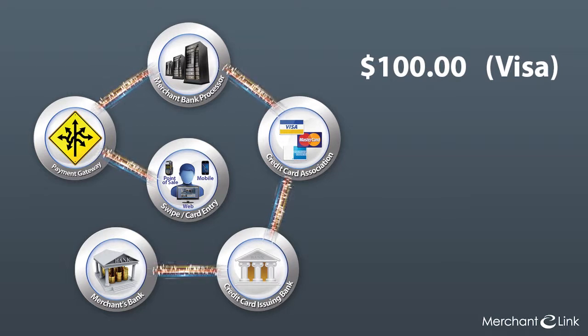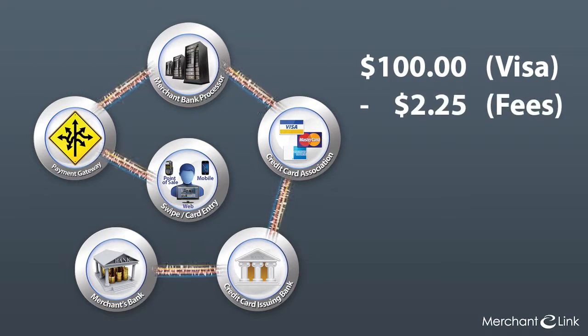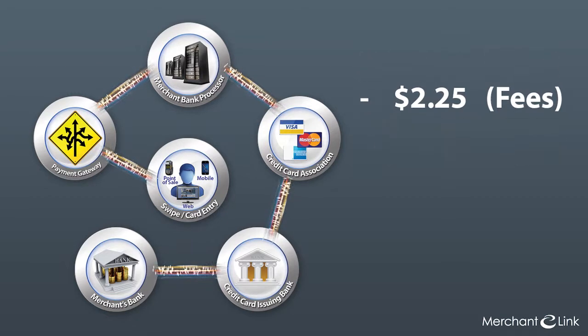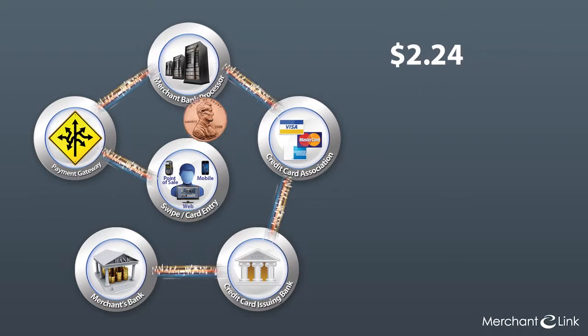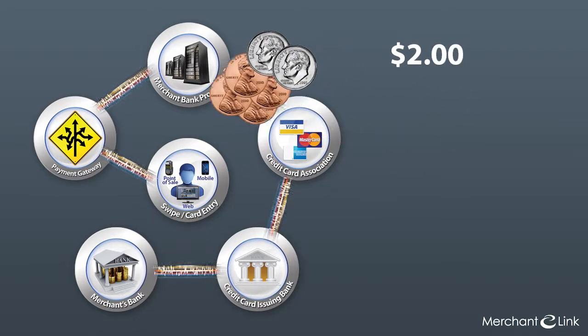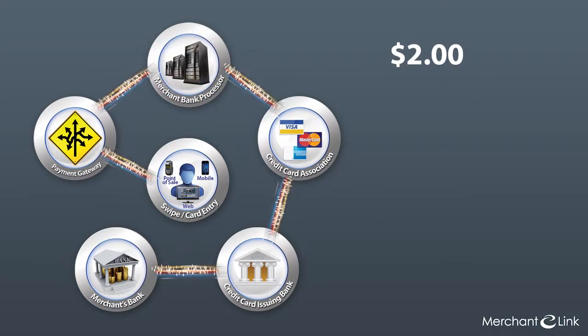The amount discounted from that $100 transaction is $2.25, leaving the merchant with a total of $97.75 in revenue. The first fee paid is to the gateway provider for translation and delivery services. The next player is the third-party processor and acquiring bank. The processor receives 24 cents for processing costs, and the acquiring bank receives 10 cents of the discount rate for managing the relationship with the card networks.